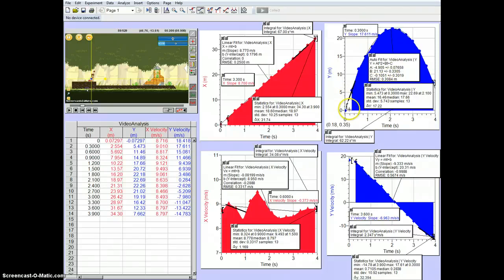And next, we're going to be looking at the slope.